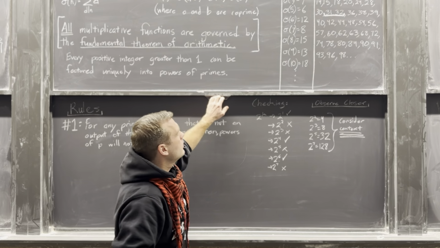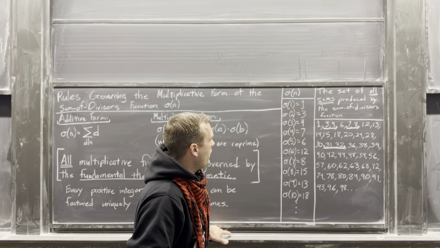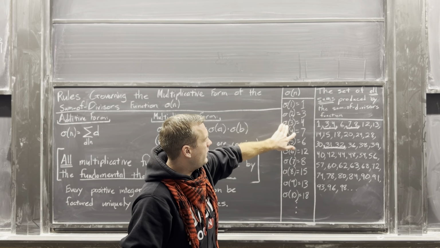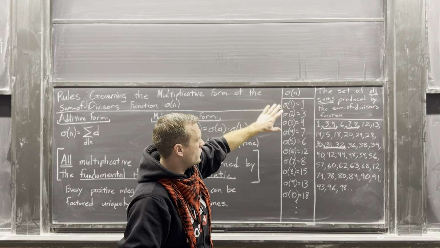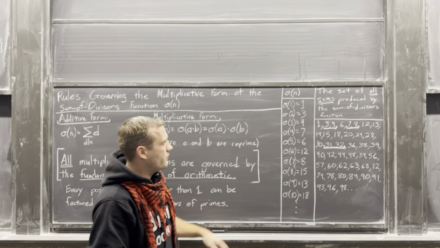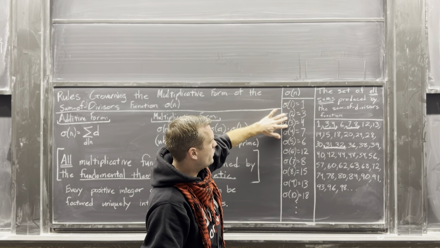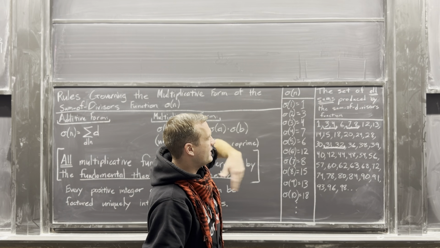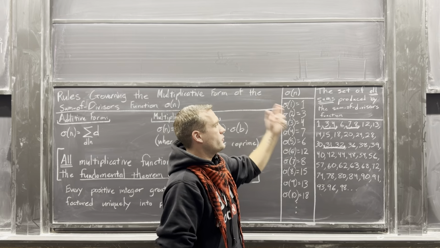When we have a prime number as n, the positive integer, from the set of all positive integers, right? So the input side of the function, when that input is prime, the output is simply the prime plus 1.